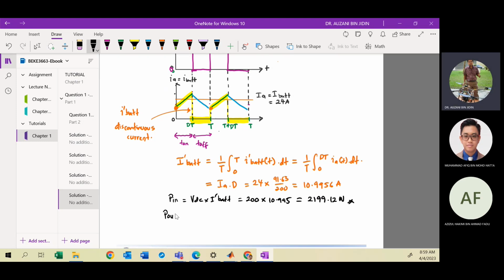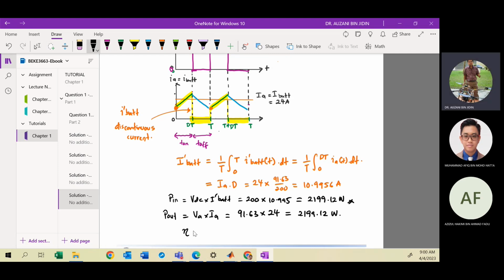And P out is VA multiplied by IA, 2199.12. P in and P out are the same value, because this is the ideal case, ideal switch. We consider to use an ideal switch for the IGBT.